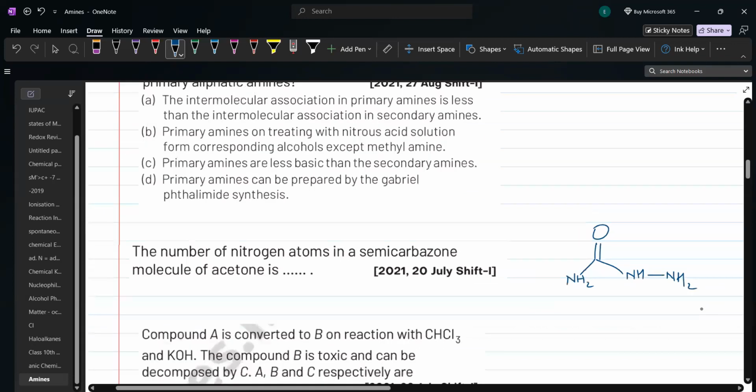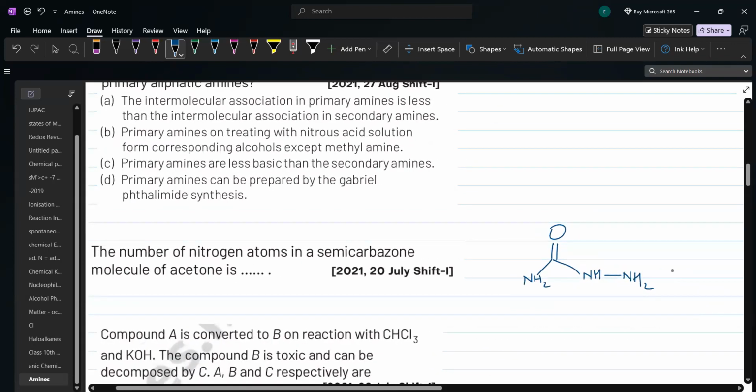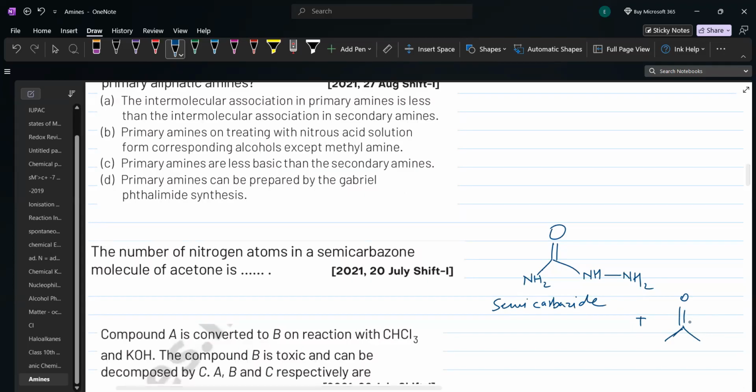It is asking about semicarbazide with the acetone molecule. So what happens is you bring one acetone here. This is acetone. Yes or no? Yes, sir. This is semicarbazide. And you bring acetone here and there is a reaction.